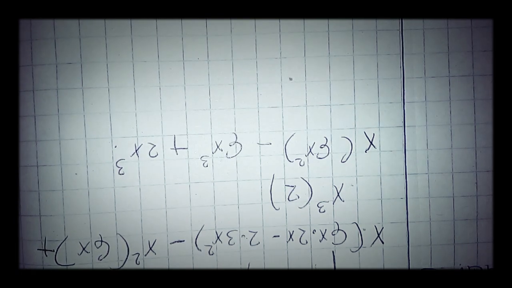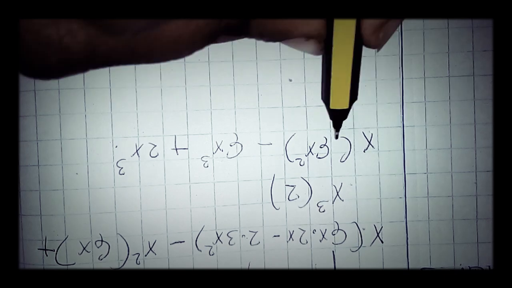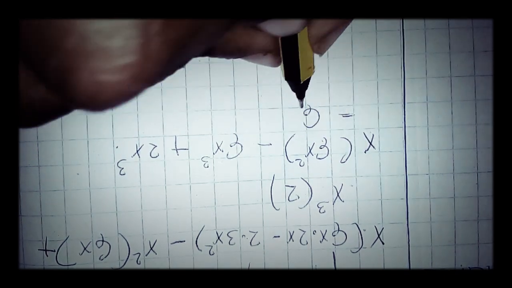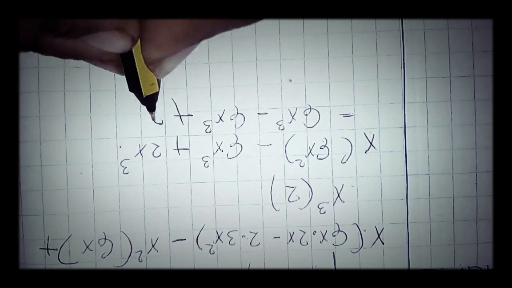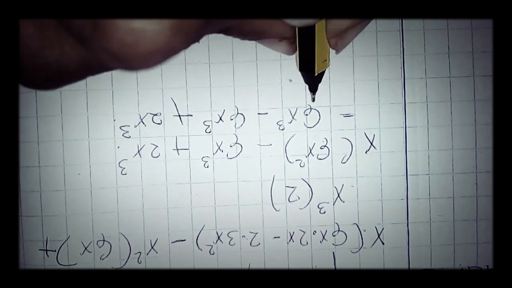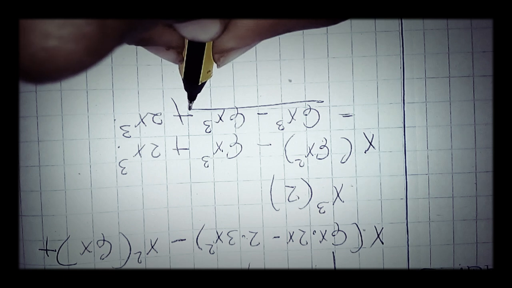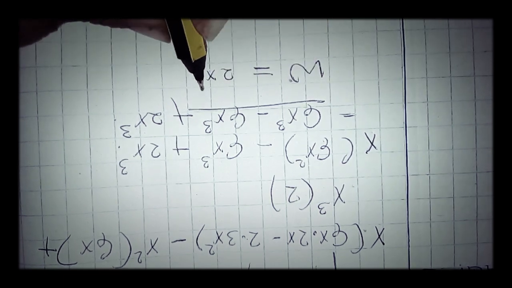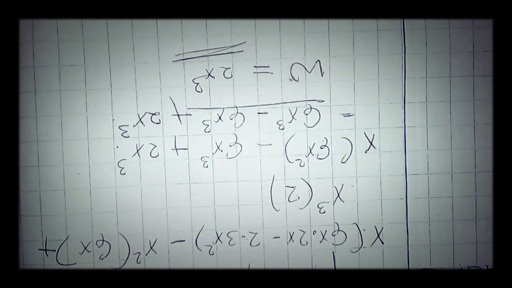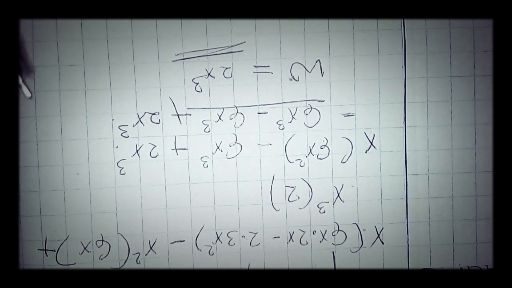If we multiply this and this, we will have 6x cubed again, minus 6x cubed plus 2x cubed. This and this cancel because they add up to 0. So our final answer will be 2x cubed. That is how we find the Wronskian.